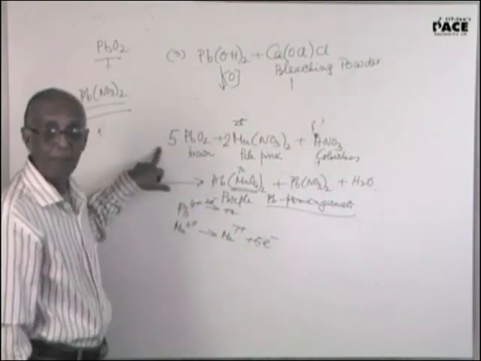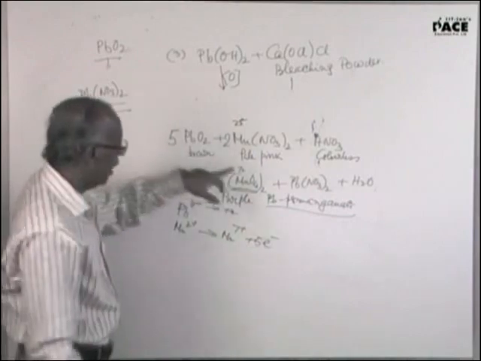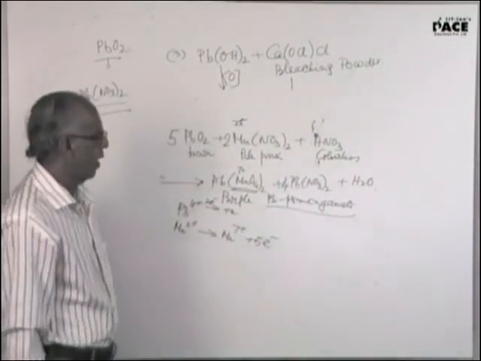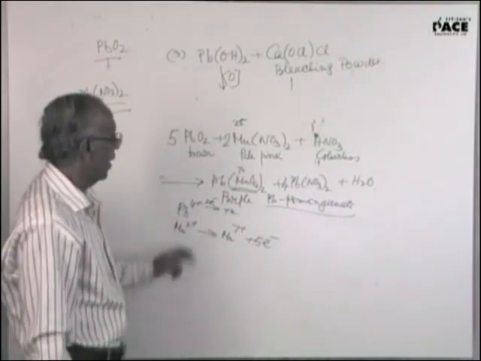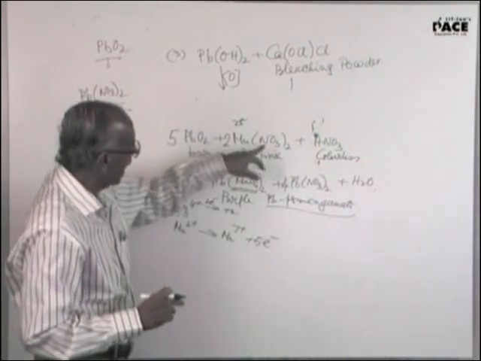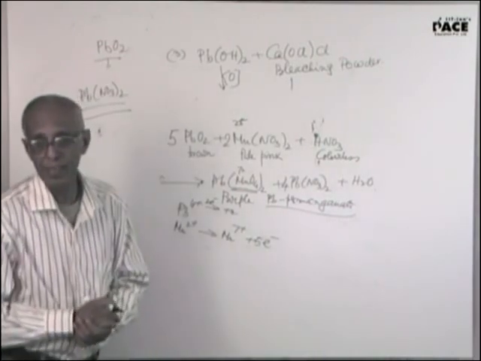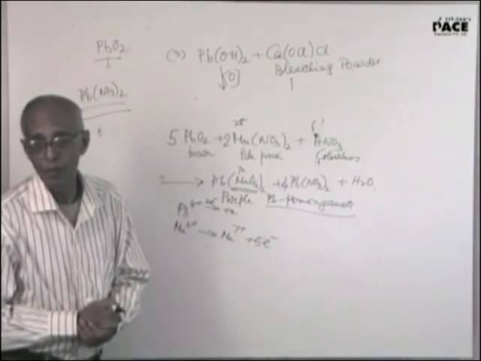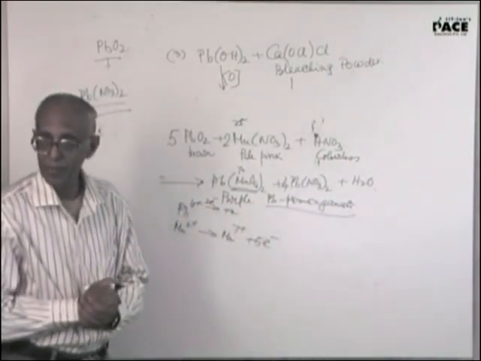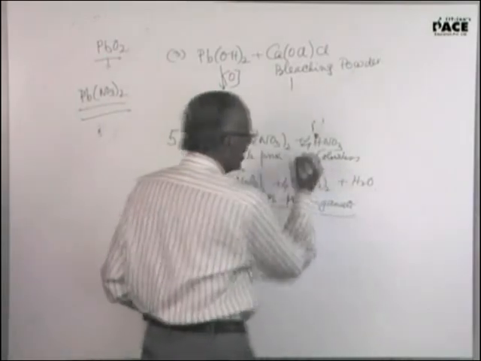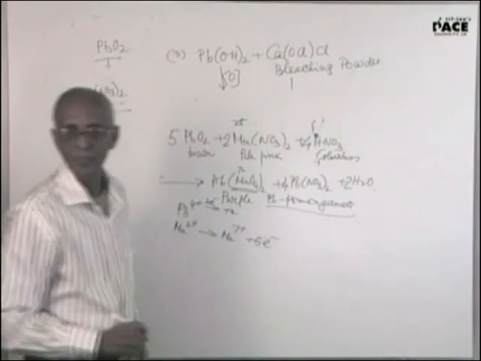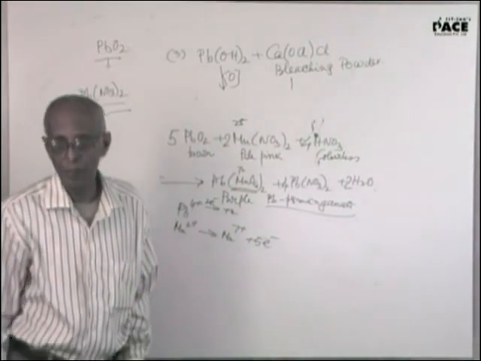But I have 5 lead, so there will be 4 lead nitrates. Now, 4 lead nitrate requires 8 nitrate ions. So 4 nitric acid. That means 2 moles of water. Do you understand?